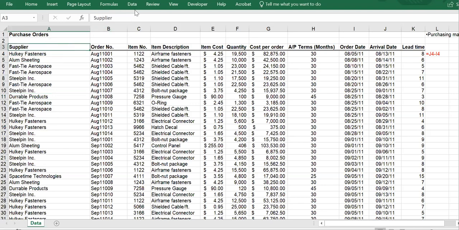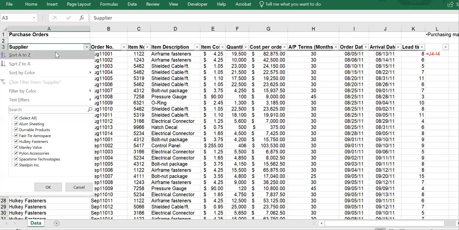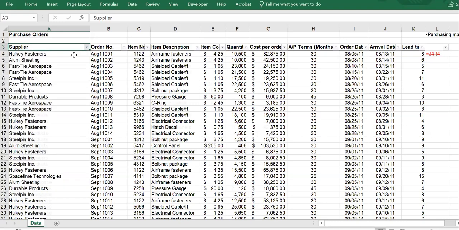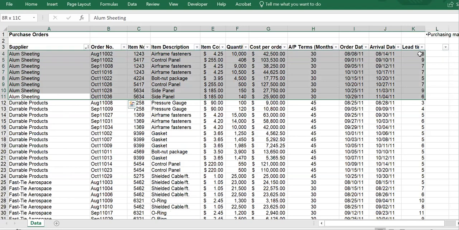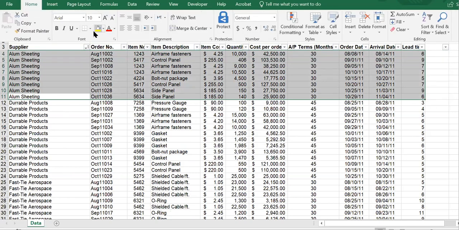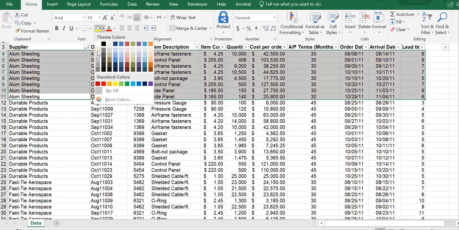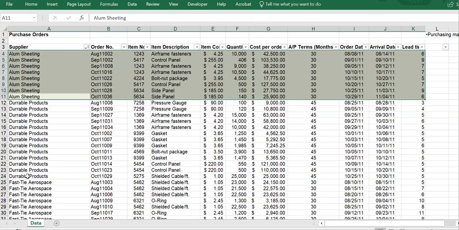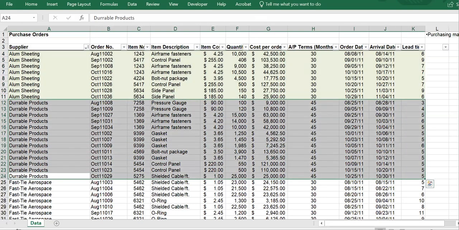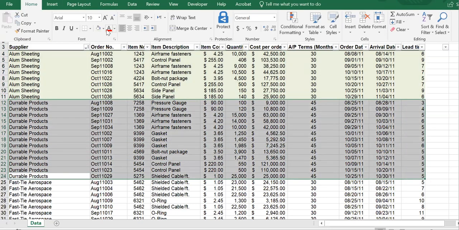So I'm gonna filter this table and sort it based on the supplier name, A to Z. And as you can see, it's now much clearer. I'm gonna change the color, change the field for aluminum sheeting to maybe green, and for durable product to another color, maybe blue.